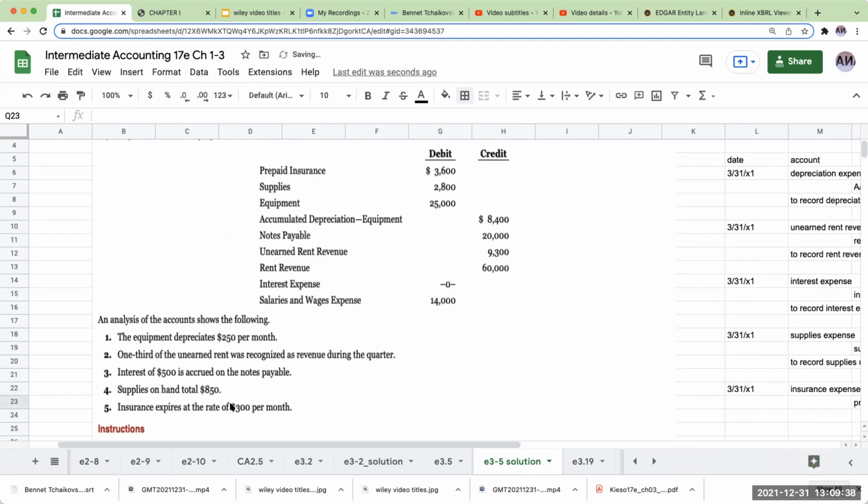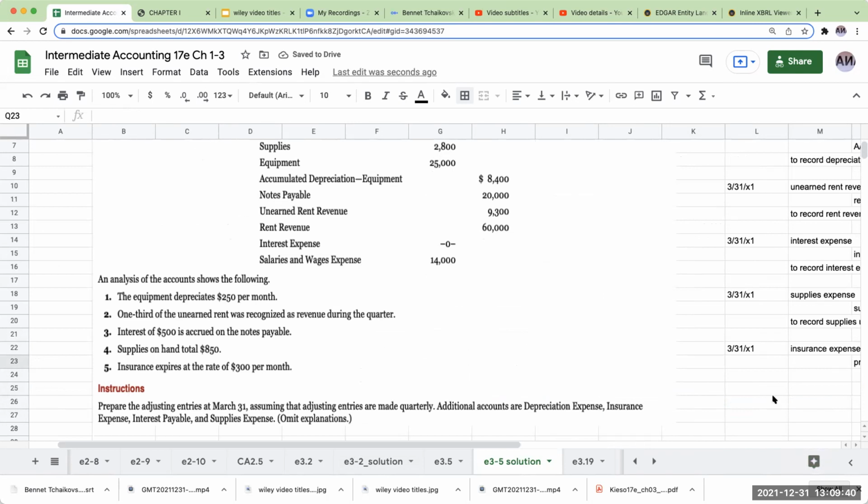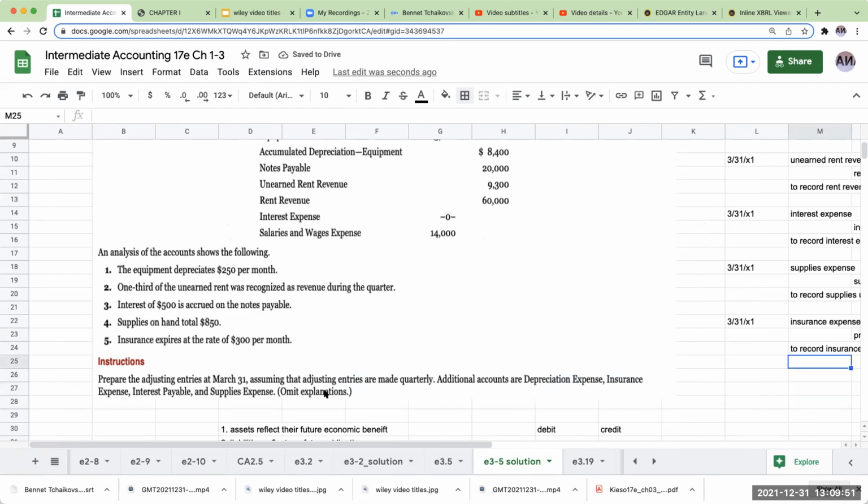It tells us it expires at a rate of $300 per month, and this is to record insurance expense. I included explanations, so you got that extra special treat today.